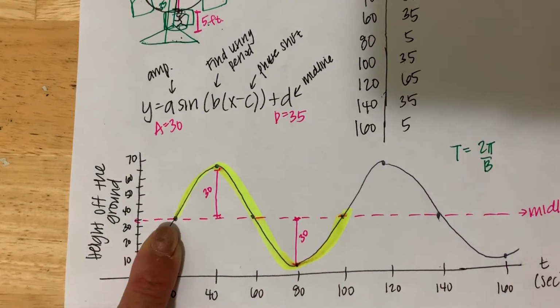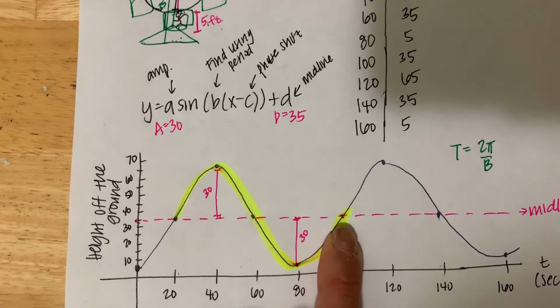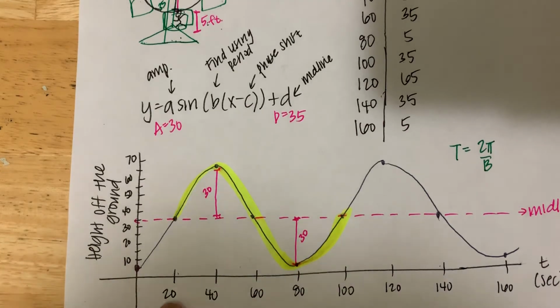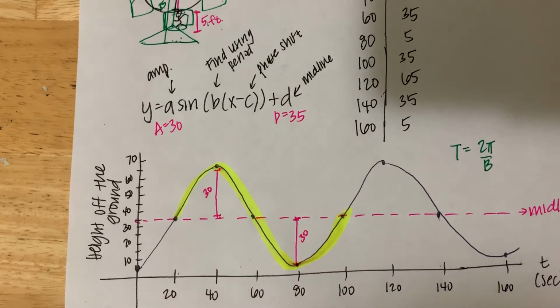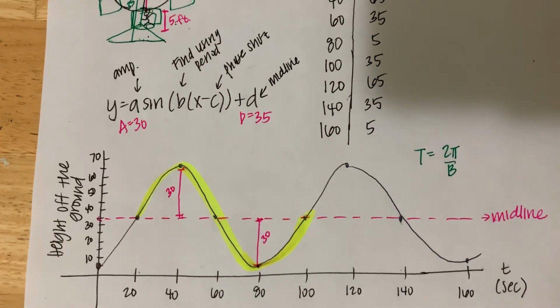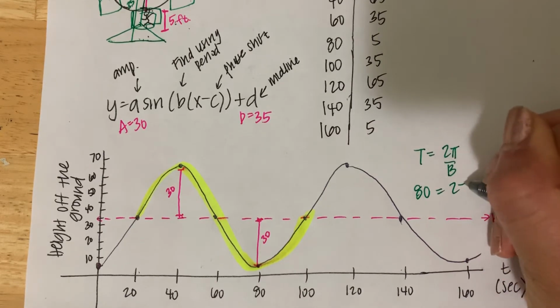Remember, sine starts at the midline, it goes up, it goes down, and then it ends up back on the midline. So we see here that it started at 20 and then it ended at 100. 100 minus 20 is 80, which makes sense because it also says that the revolution is 80 seconds. So because it takes 80 seconds to complete one cycle, that is the period, which is T.